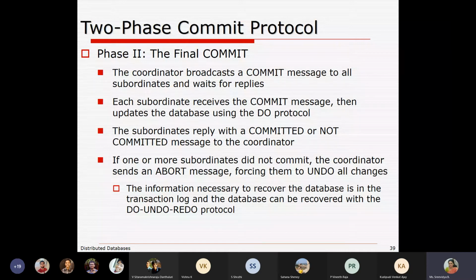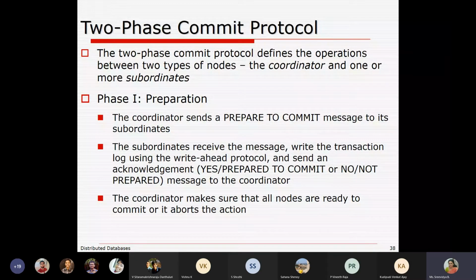For performing these undo operations, the entire details are there in your database log, so you can be recovered back. I mean, you can bring back the old state without having inconsistency in the data. So this is the two-phase commit protocol that we are going to use in a distributed database. The idea is simple.